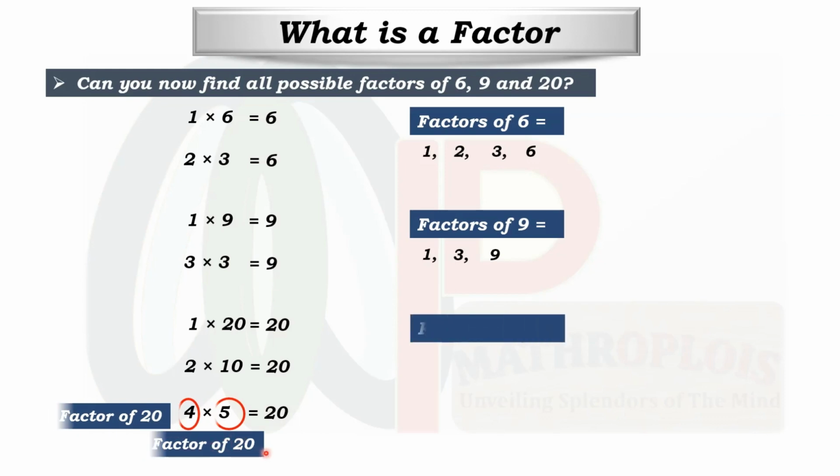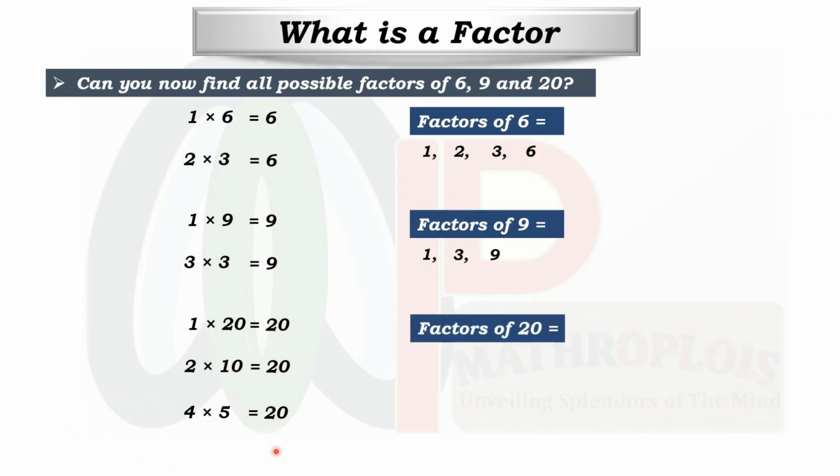All possible factors of 20 are 1, 2, 4, 5, 10, and 20.